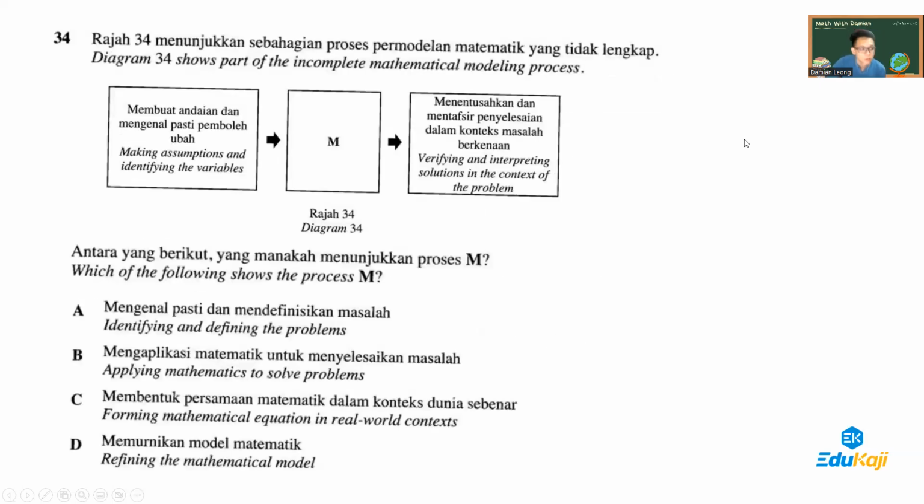Question 34. So here we have part of an incomplete mathematical modeling process. First is making assumptions and identifying variables. Then third step, verifying and interpreting solution in the context of the problem.